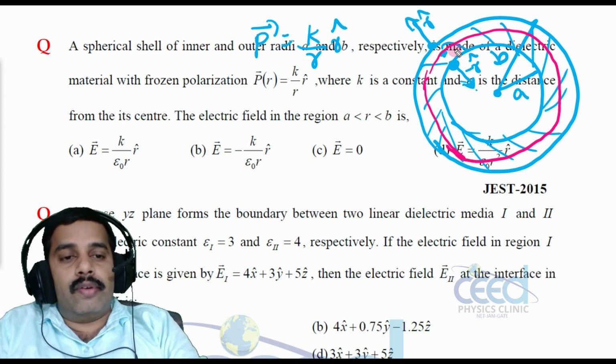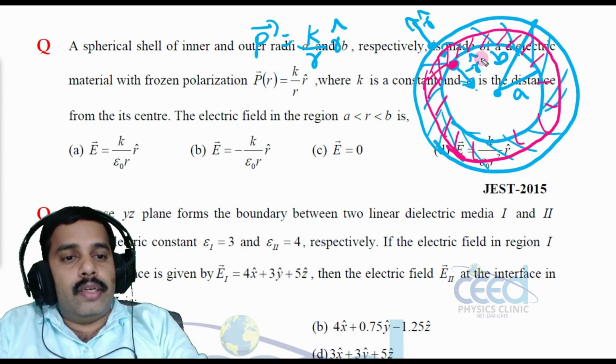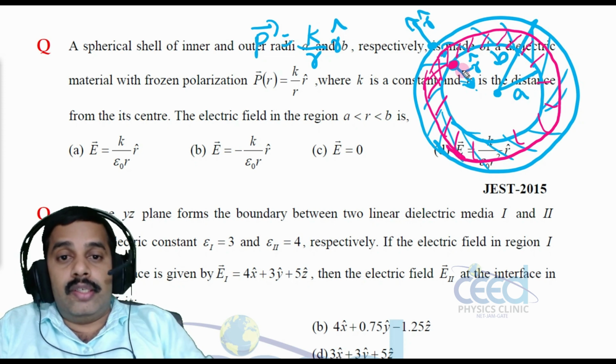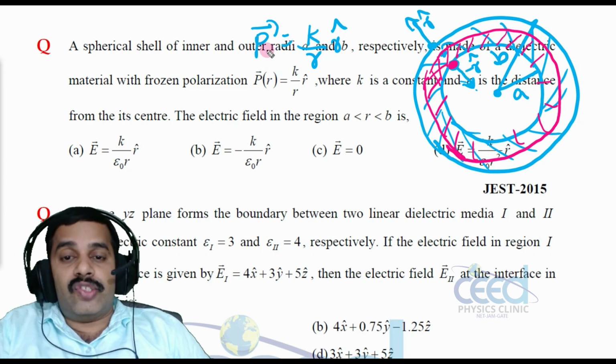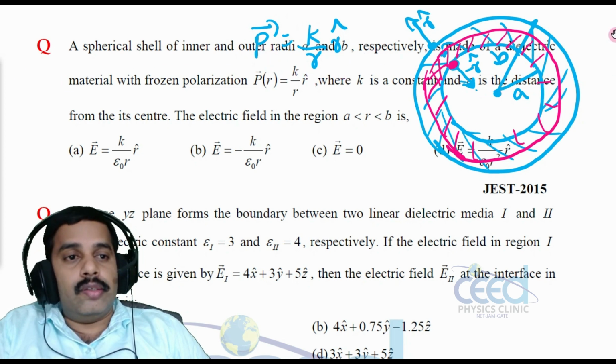We have the electric field due to this charge density, and we have a polarization in this dielectric material. So we need to find the polarization first, right? From polarization theory, how do we find the electric field from it?